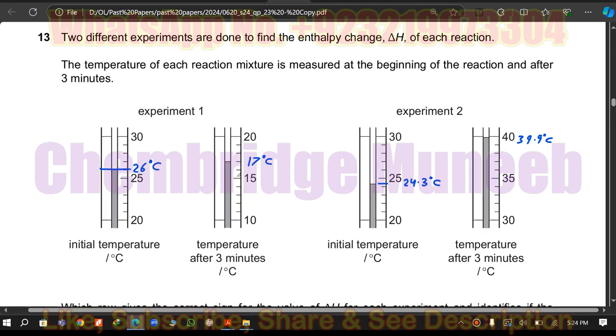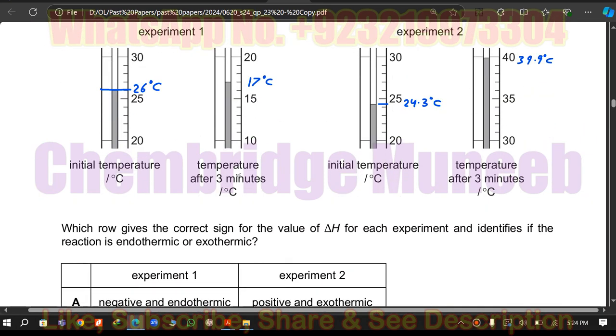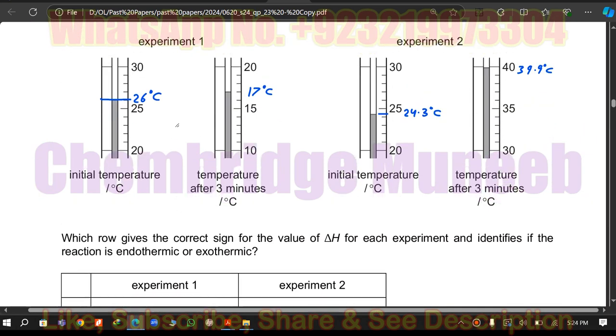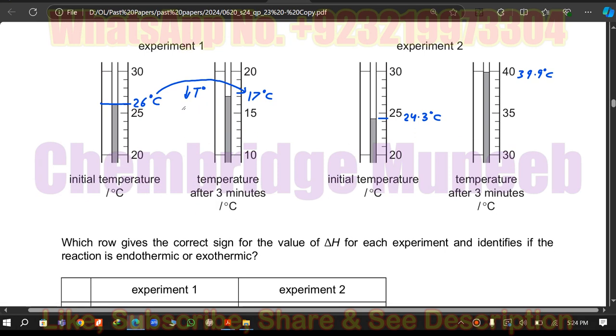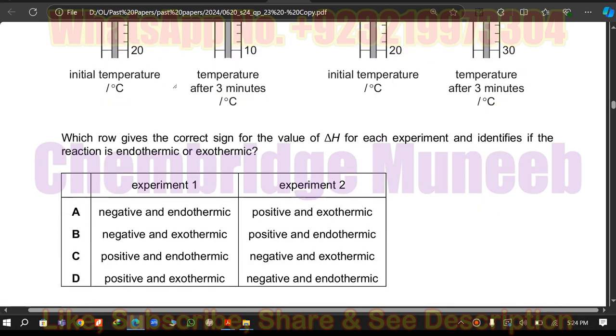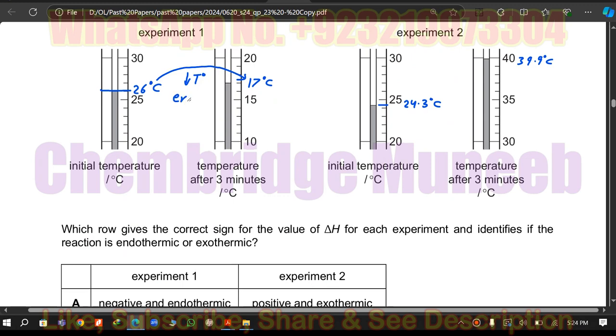Now I have to check which column is right. I can see that for experiment number 1, the value is decreasing. There is a decrease in the temperature. So the decrease in the temperature indicates that the experiment shall be an endothermic reaction, for which the delta H value is positive.